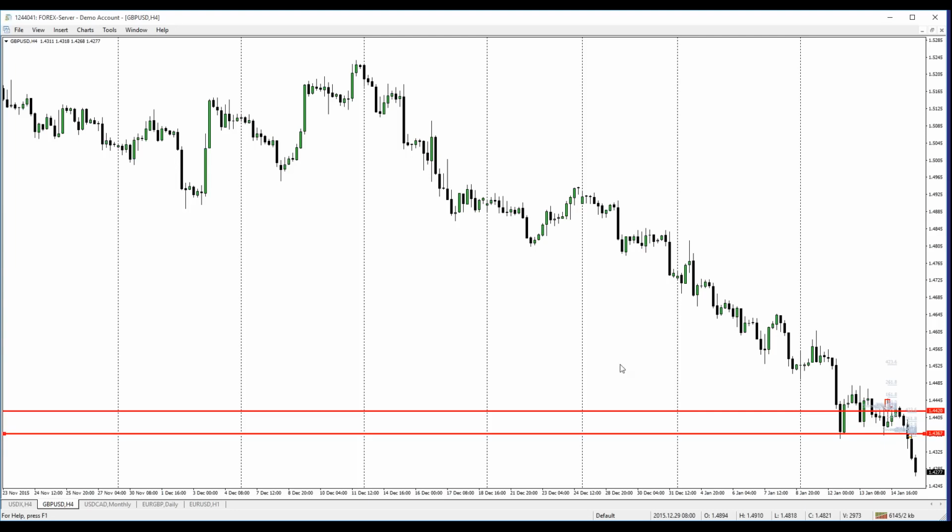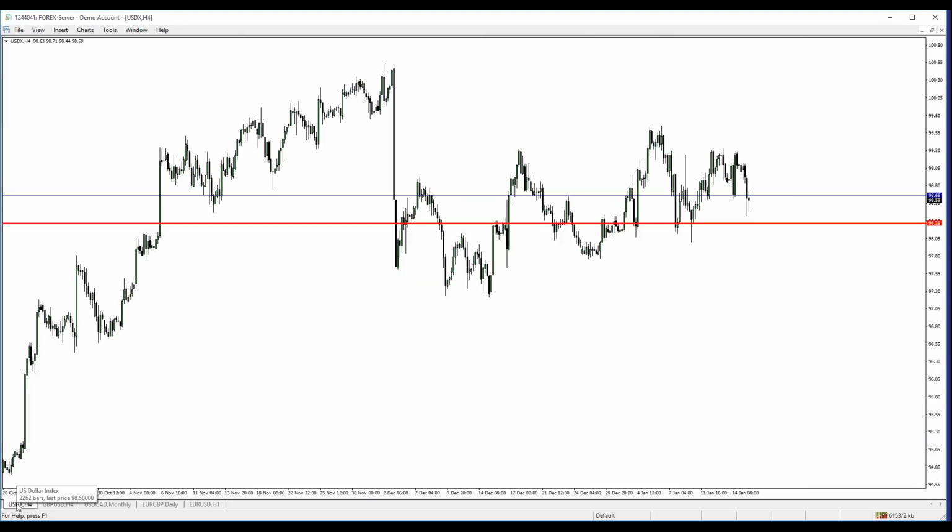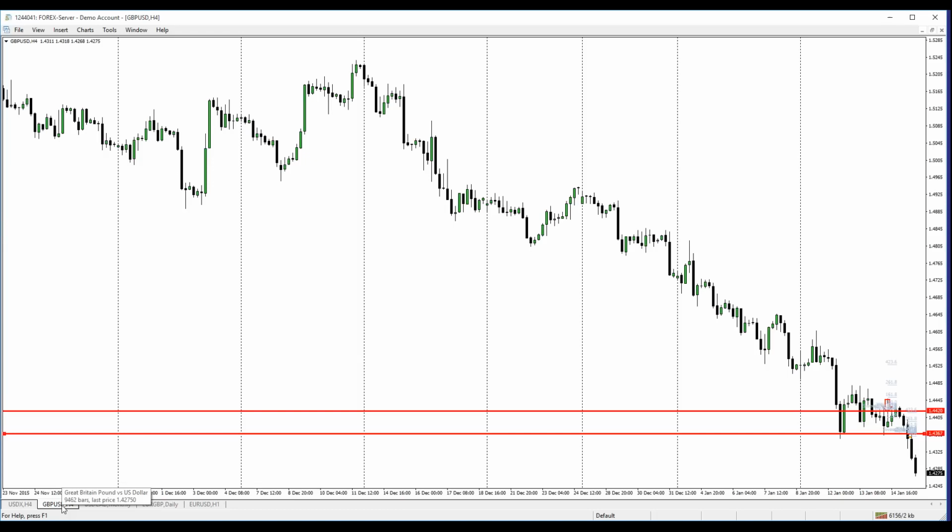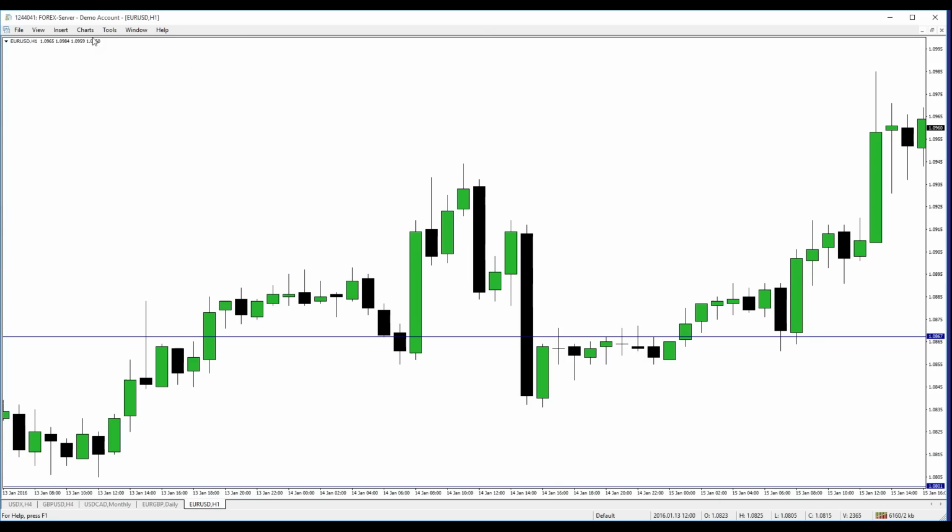It's got a lot more freedom to move lower in a trending environment, whereas the dollar is in a holding pattern and still stuck in its range. See that? We're going sideways, while the cable has freedom to go lower in a trending move. Okay. Now, for the euro, let's go over to a 4-hour chart.